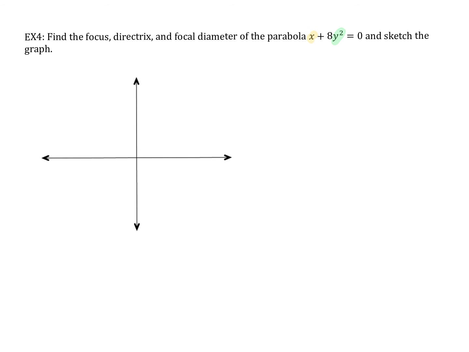So let's get this in the proper format. We need to get y squared by itself. So 8y squared equals negative x. If we divide both sides by 8, y squared is going to equal negative x over 8.